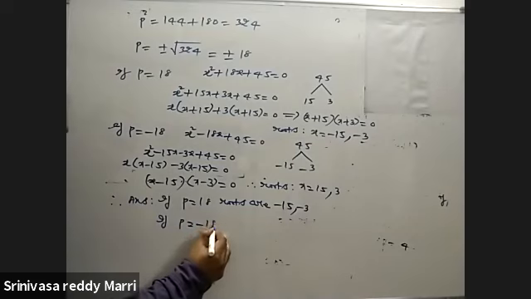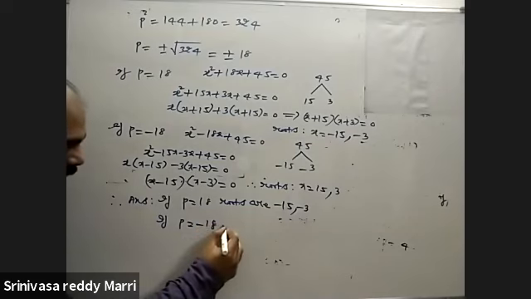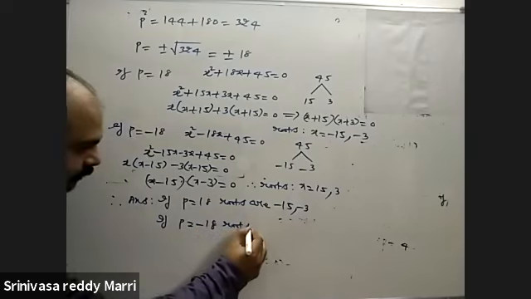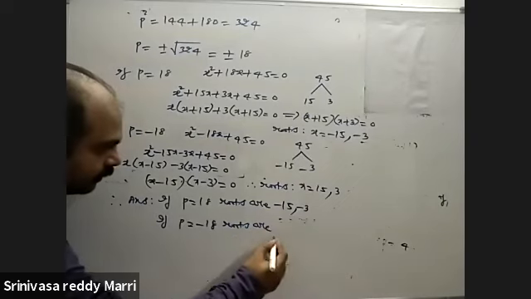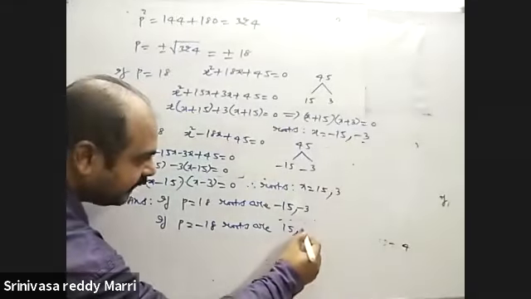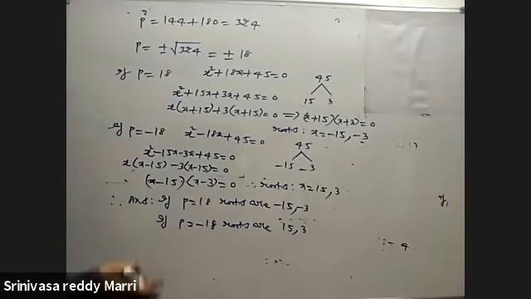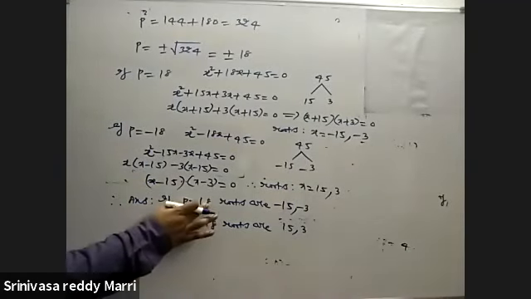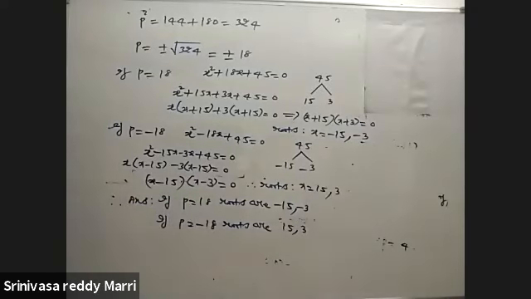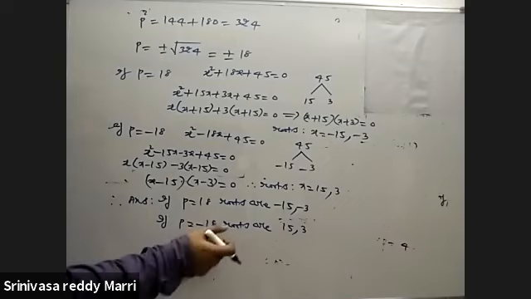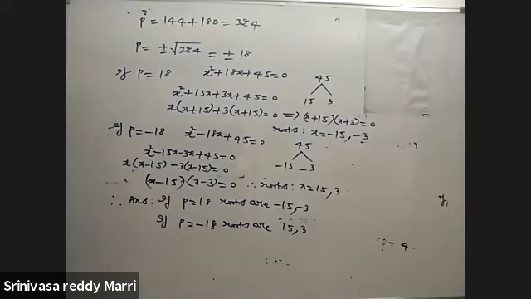If p equal to minus 18, roots are 15 comma 3. Like that, he can give multiple answers. Option A, if p equal to 18, roots are minus 15, minus 3. Option B, if p equal to minus 18, roots are 15 comma 3. It can be a multi-answered question.